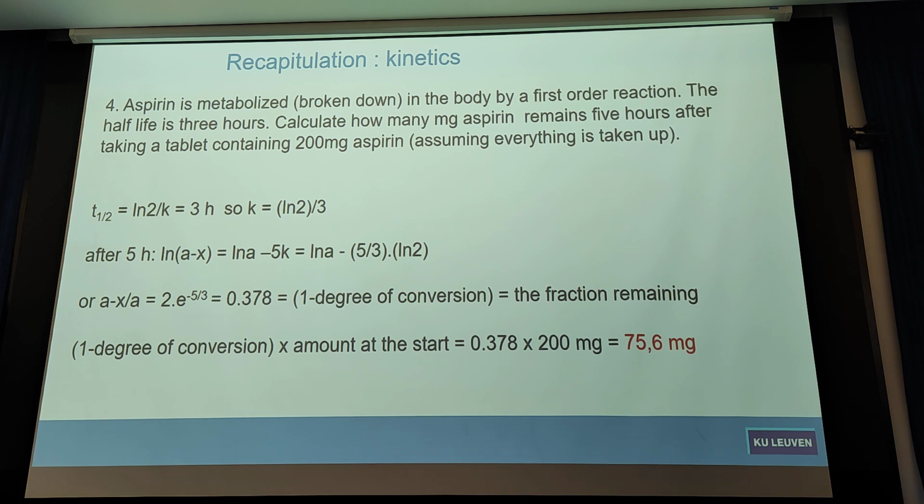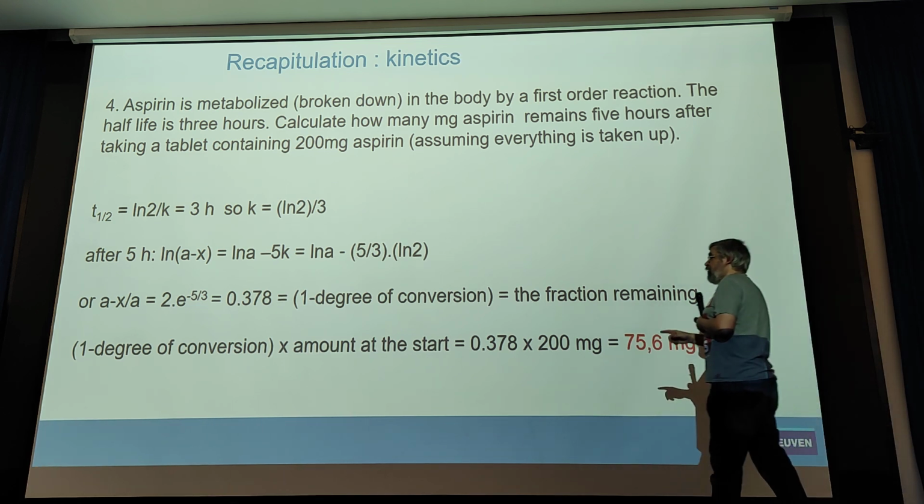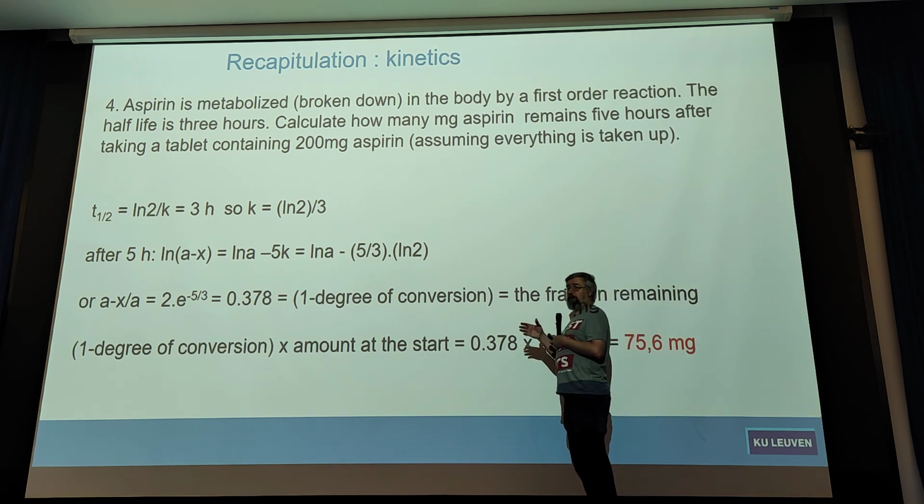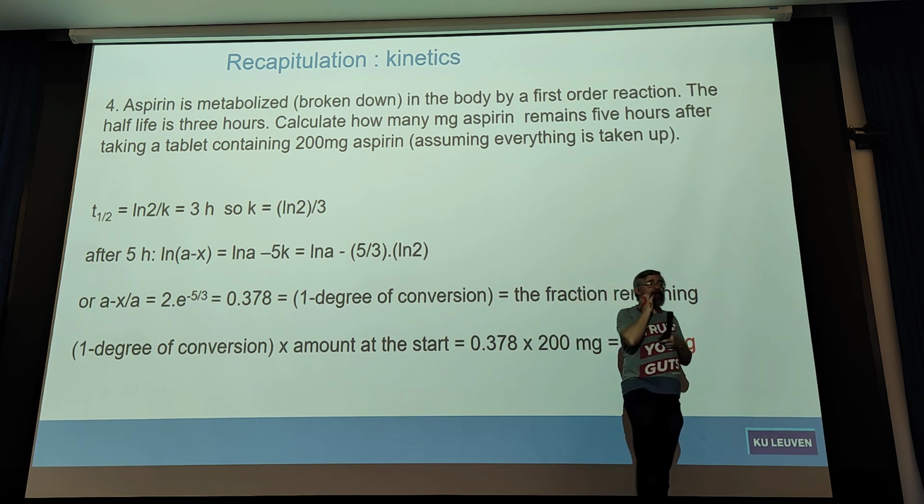So how much does that make that we still have left? Well, we started with 200 milligram of aspirin. So this amount of that is still left, which is 1 minus degree of conversion, has to be multiplied by the amount at the start.